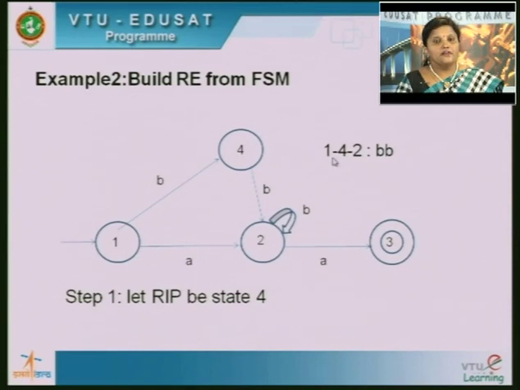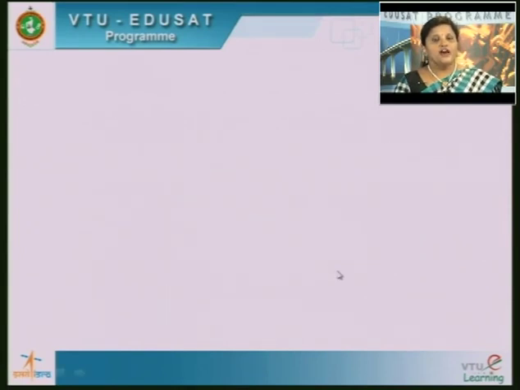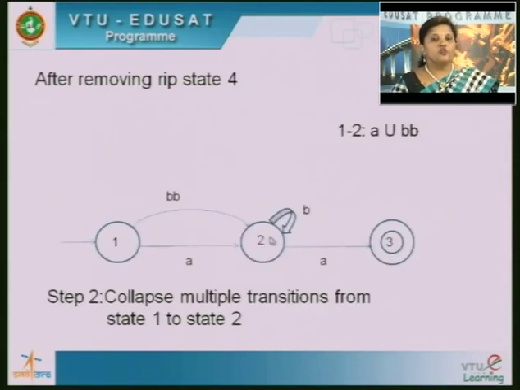That's why I wrote 1 to 2 as BB. After removing the rip state 4, your FSM looks like this. State 4 has been removed. Now you have a direct transition BB, and the other remains as it is. Now you can collapse these transitions. Since BB is there, and A is there, you can write A union BB.